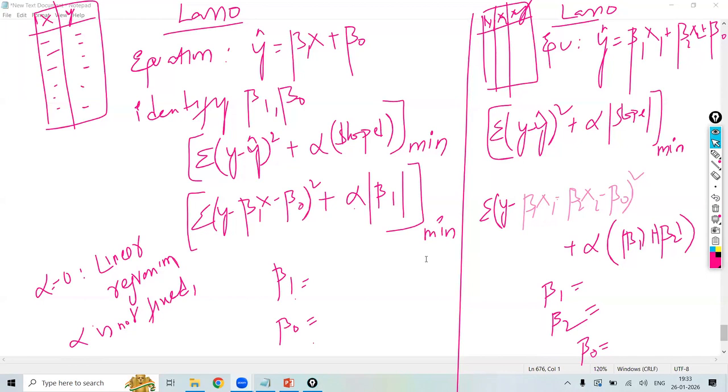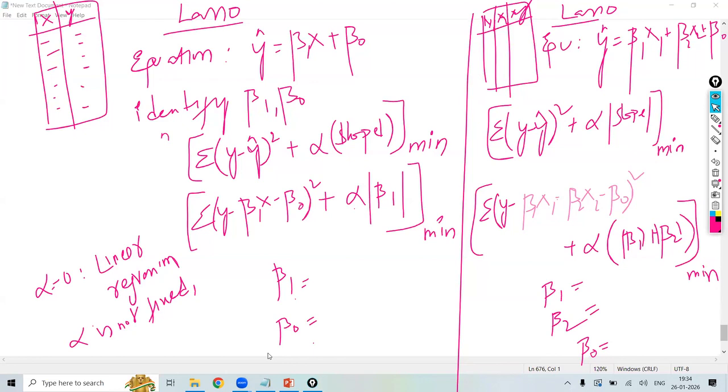Understood or not? How many of you are clear? How many of you are not clear? Please tell me here. I want the not clear students. If you are clear, well and good. If you are not clear, write clearly in the notes, not clear.